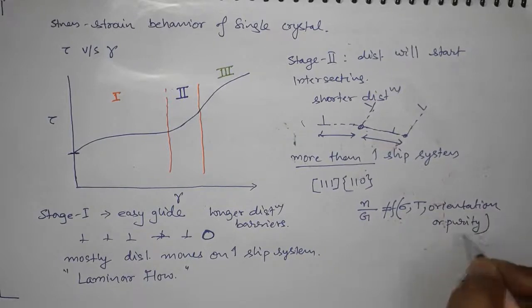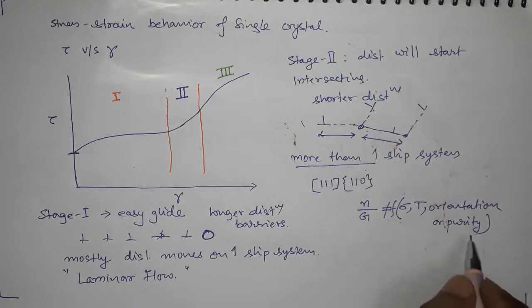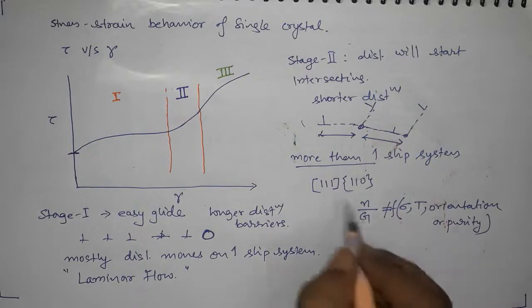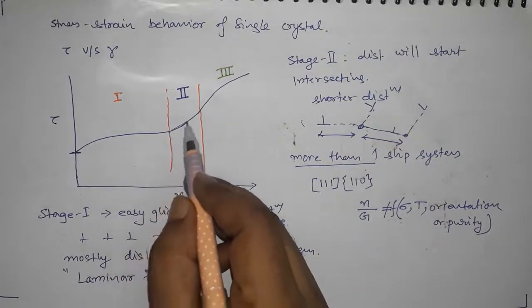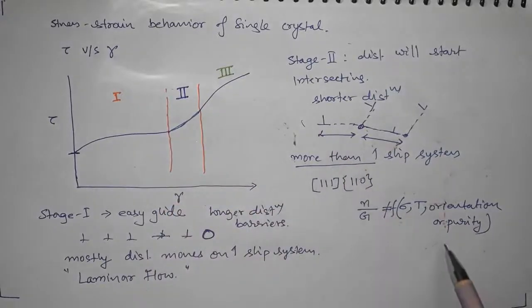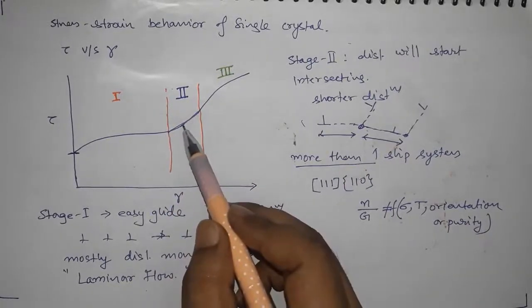Purity is like, if you decrease the defects in the material, the strength increases. If you are making purer and purer material, you can actually achieve the theoretical cohesive strength of the material. But this stage 2 part, where dislocations start intersecting with each other and all those things happen, will remain the same.